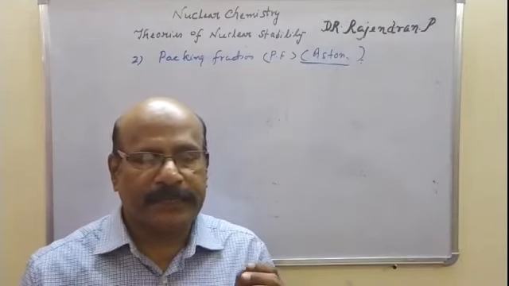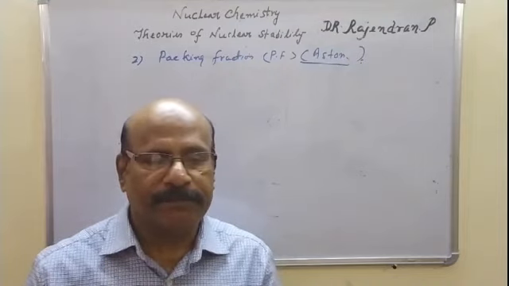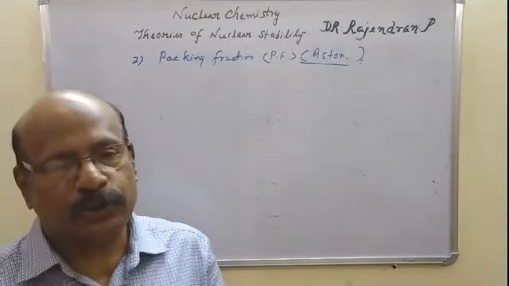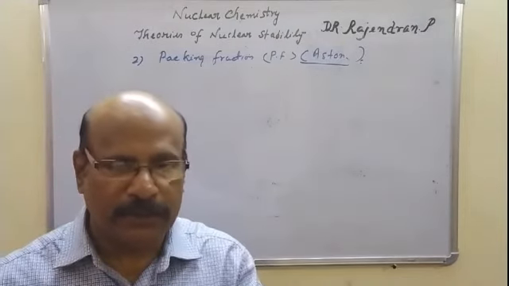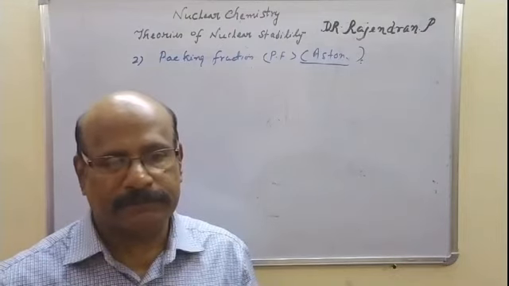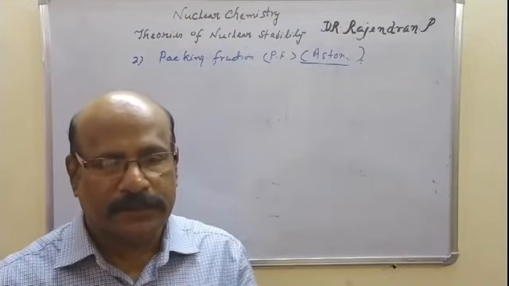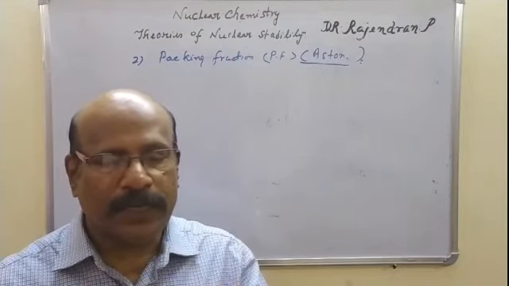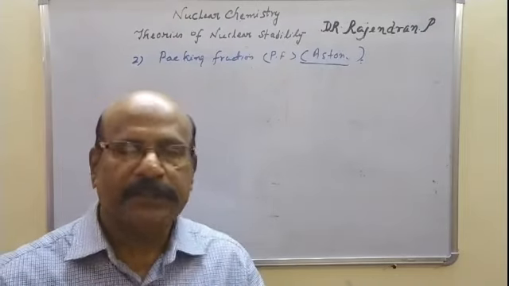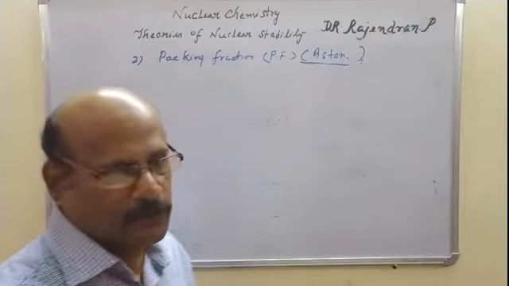In the case of most atoms or atomic nuclei, the actual isotopic mass is not a whole number, but it is closer to a whole number. But the number of protons and neutrons present inside the nucleus, called the mass number, is always a whole number. So we have two quantities.